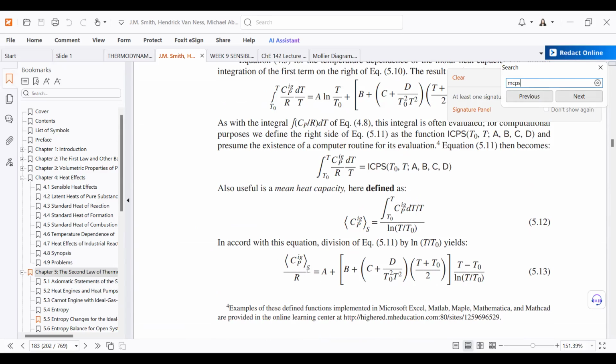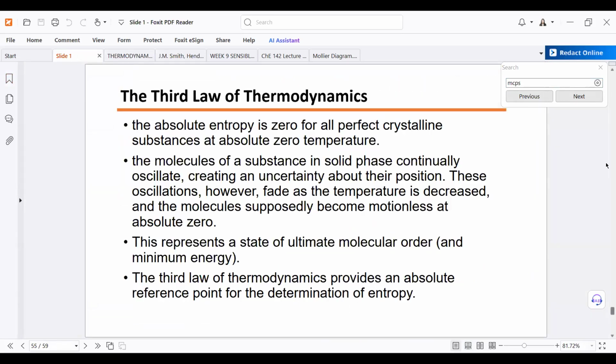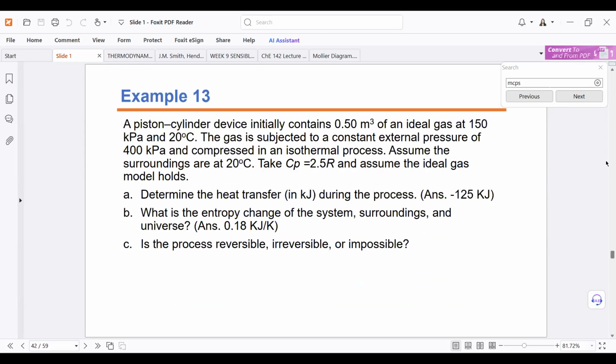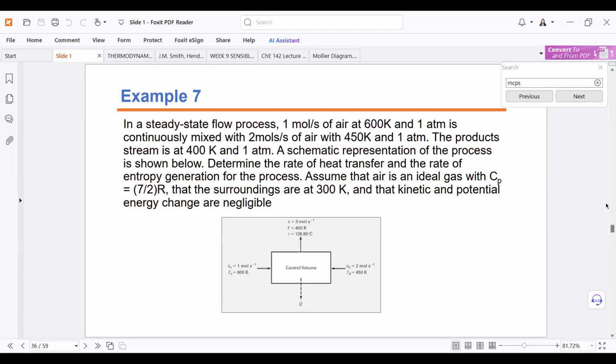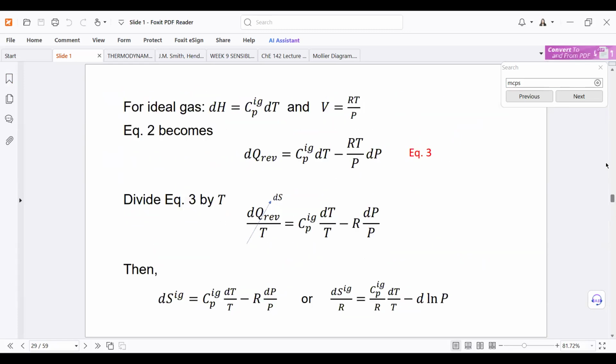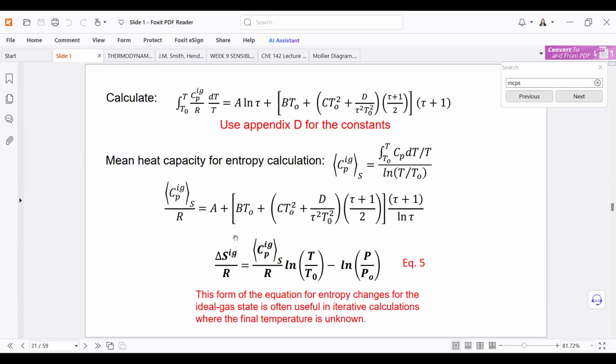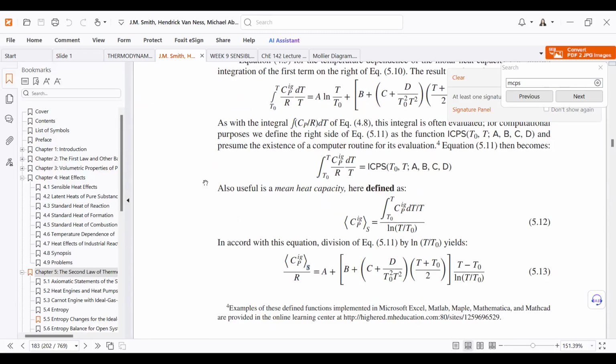Notice that the subscript here is S, whereas in the equation that I showed you earlier, the subscript is H. We discussed this last time in this lecture, and I also mentioned that this is useful if one of the temperatures is unknown, or where the final temperature is unknown.